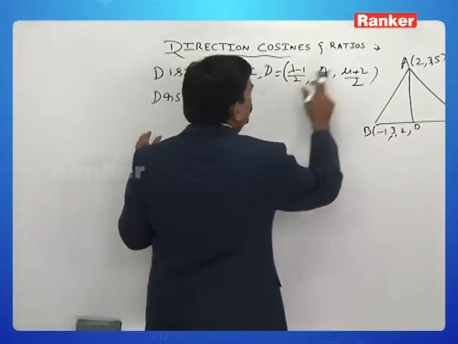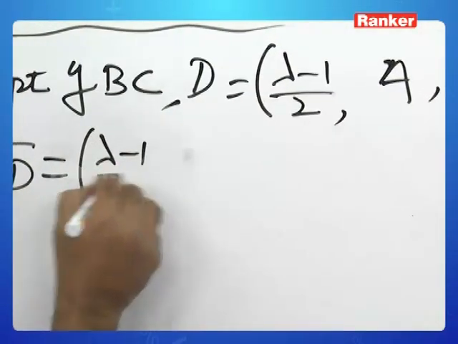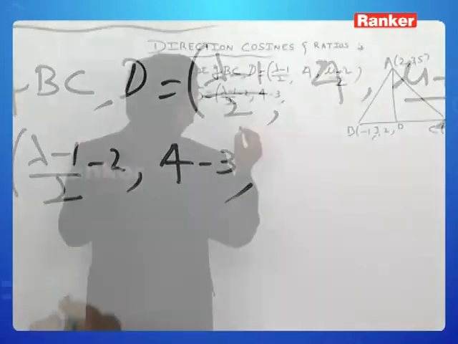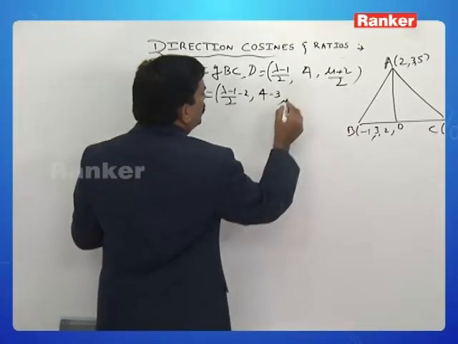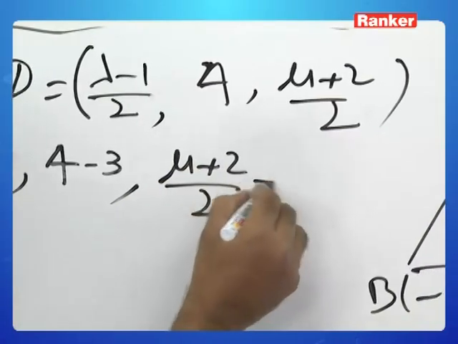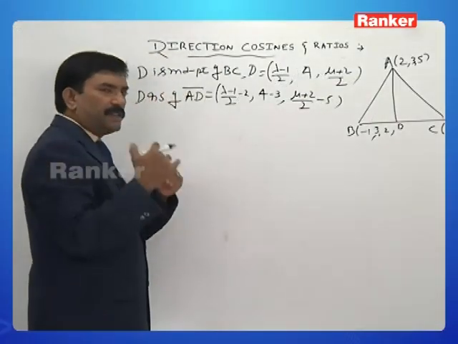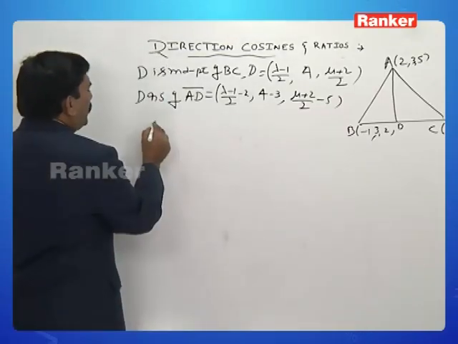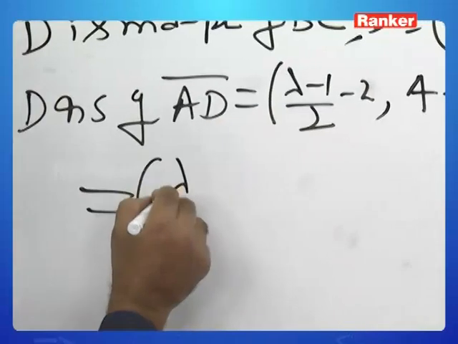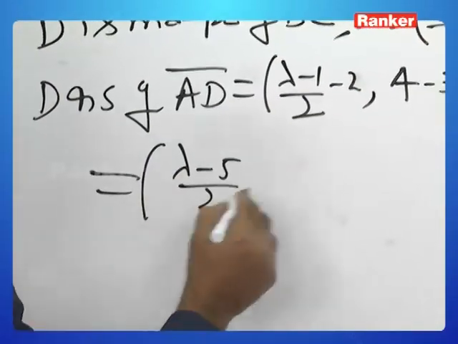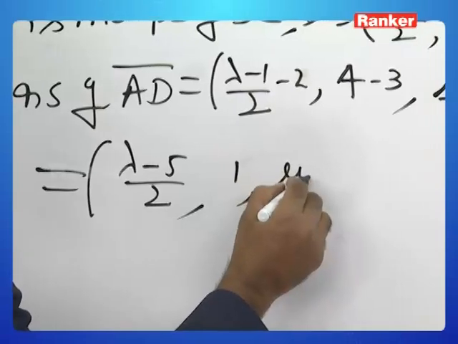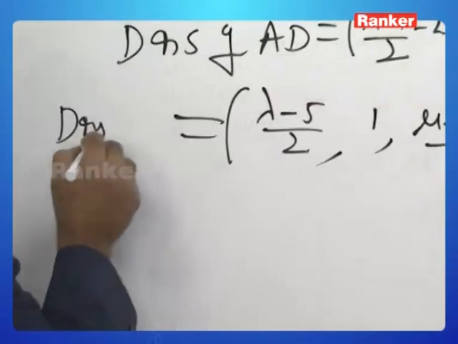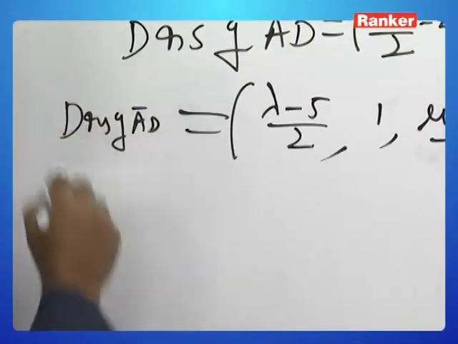DRs of AD bar: this minus this, lambda minus 1 by 2 minus 2, 4 minus 3, mu plus 2 by 2 minus 5, that is x2 minus x1, y2 minus y1, z2 minus z1. I can write this as lambda minus 5 by 2, that is 1, mu minus 8 by 2, it's 7 by 2. This is the DRs of AD bar, correct or not?